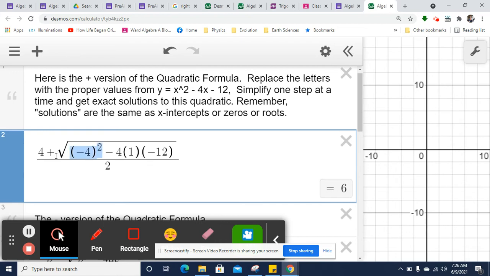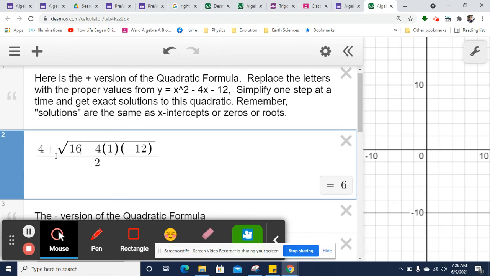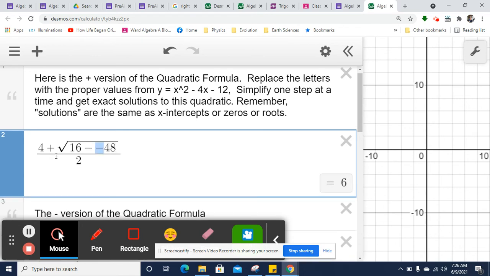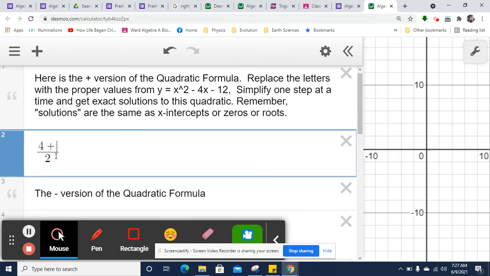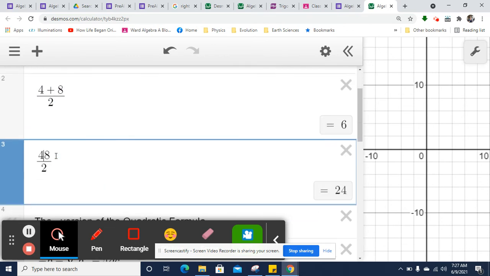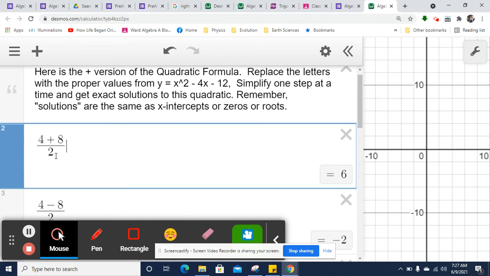The square of negative 4 is positive 16, because that's negative 4 times negative 4. 4 times 1 is just 4, and 4 times negative 12 is negative 48, which means we are adding here, and 16 plus 48 is 64. That's useful because the square root of 64 is 8 and negative 8.